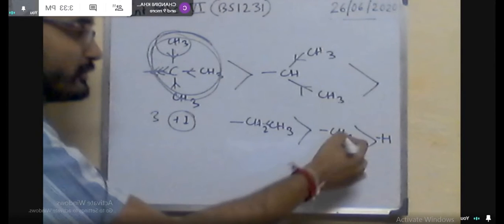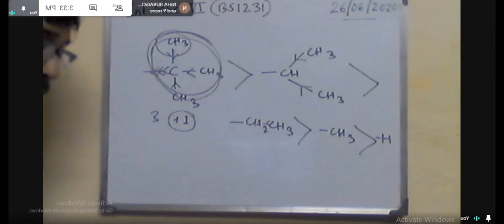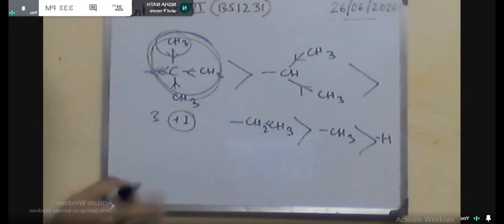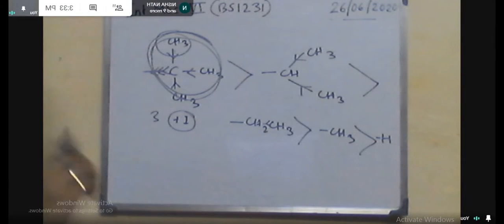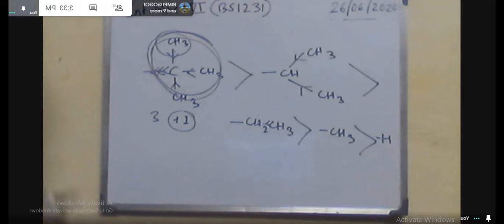So the example is like, say CH2Cl, or say fluorine is attached in this center.